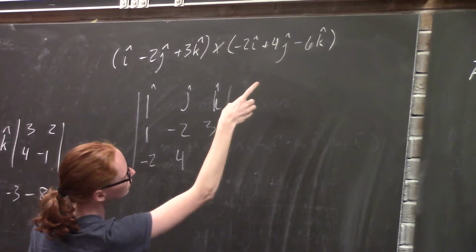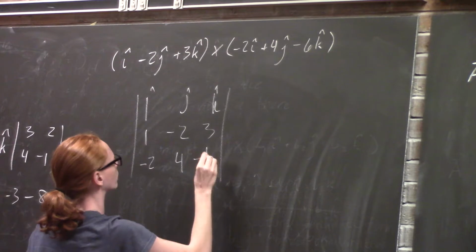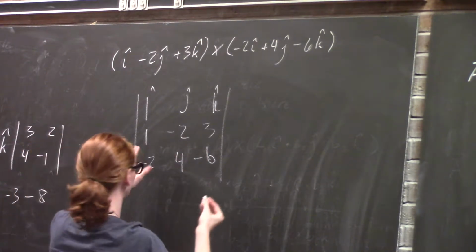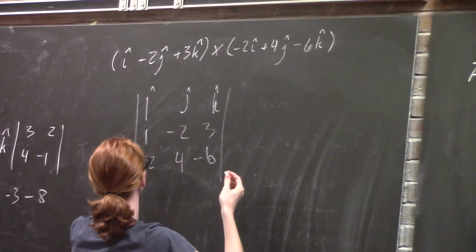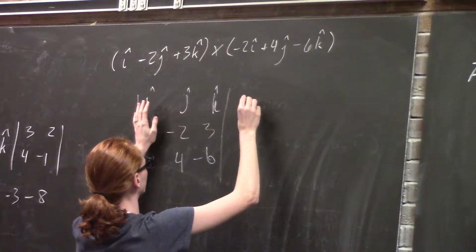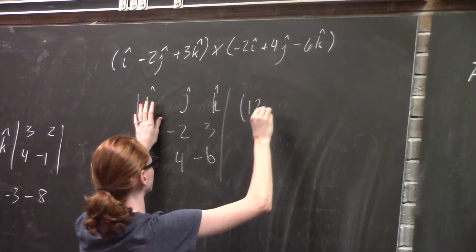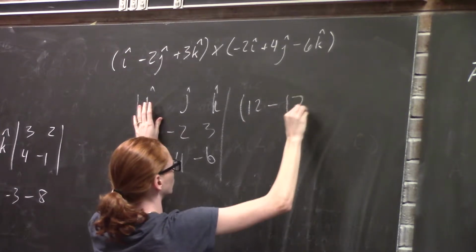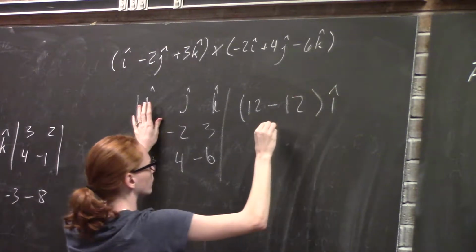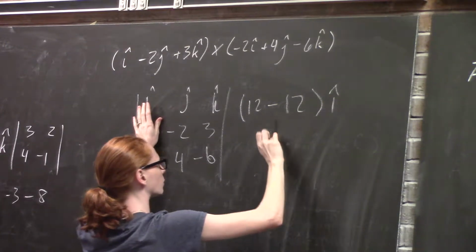That's 6. Yeah, so minus 6. So you're kind of covering the row and column with i. That would be minus.